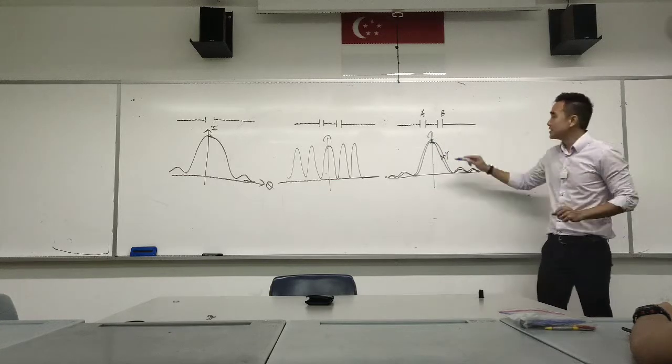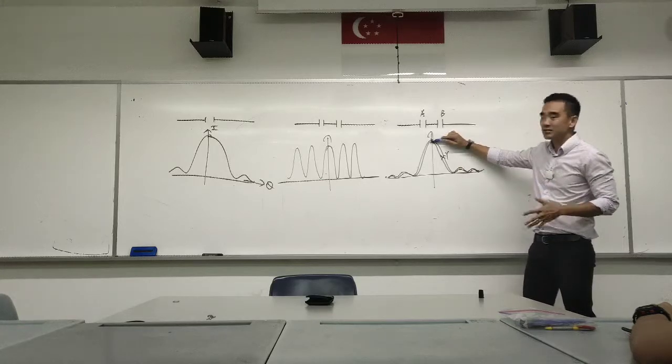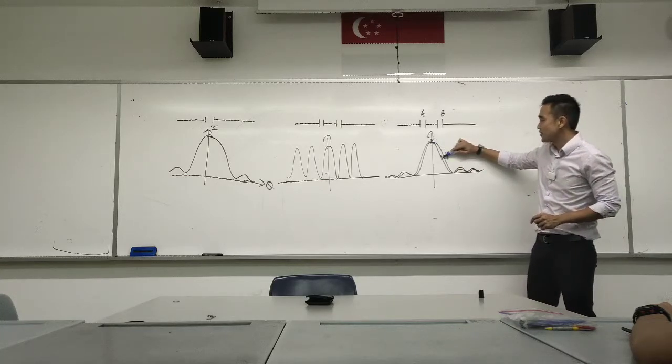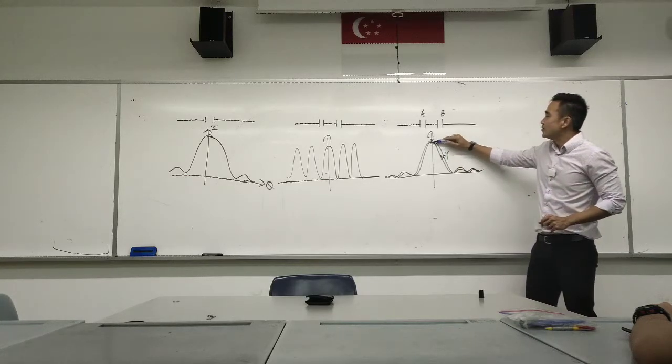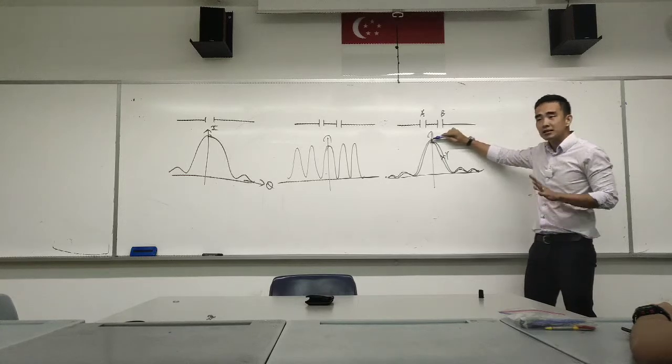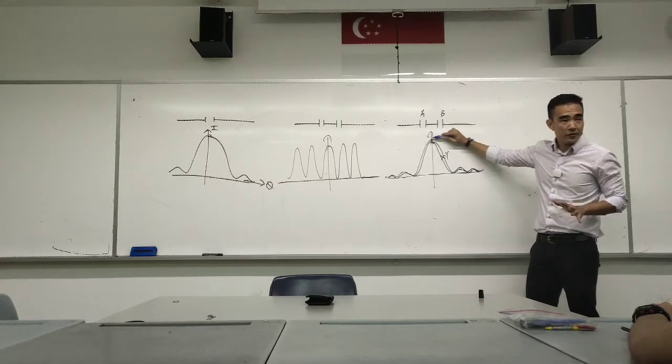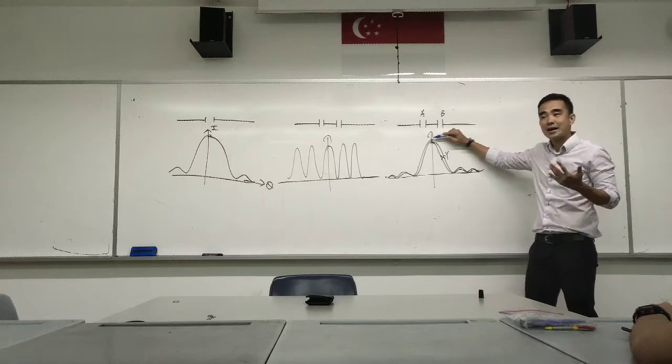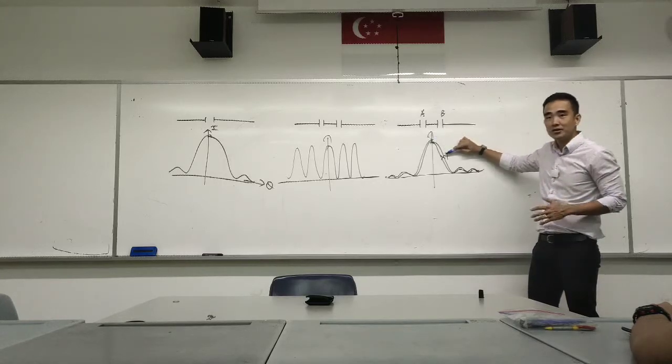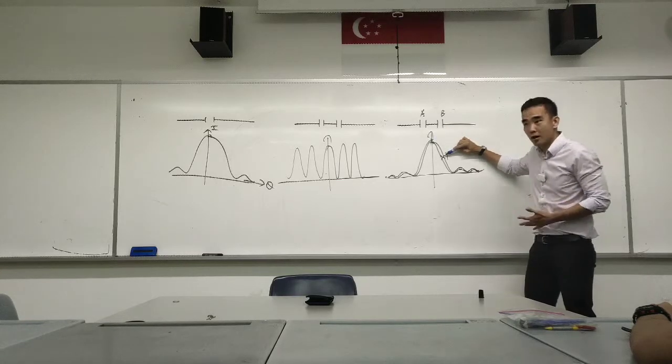Do you agree that if this is a constructive interference, and this is also constructive interference, the resultant intensity of the constructive interference here will be higher than the resulting intensity over here?